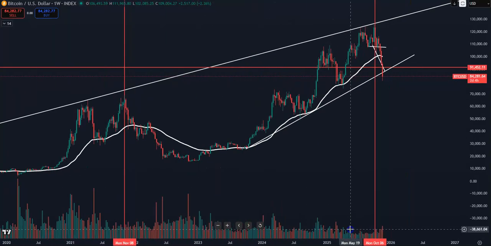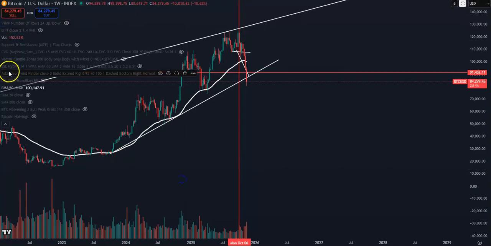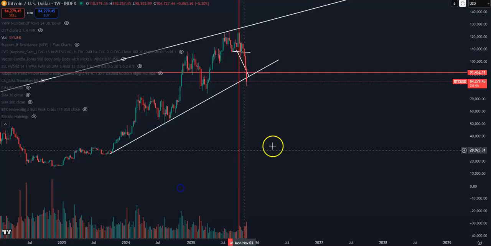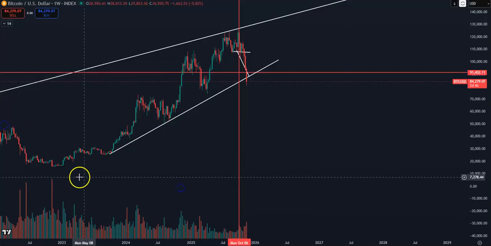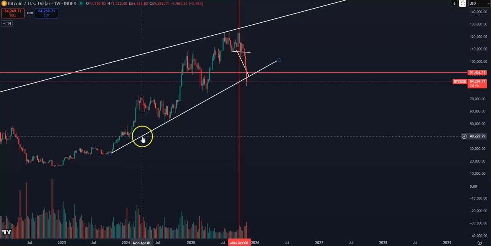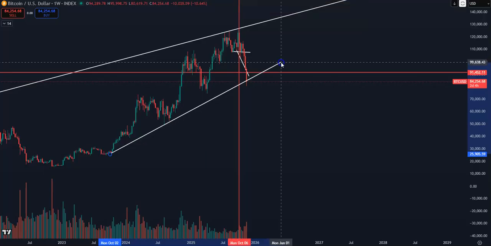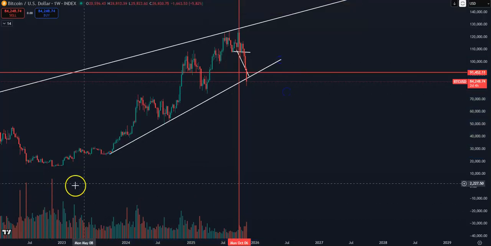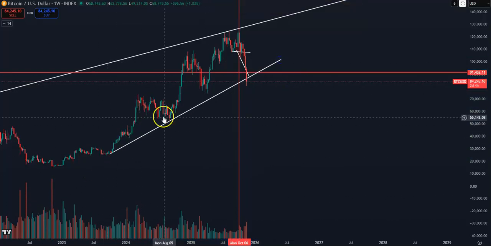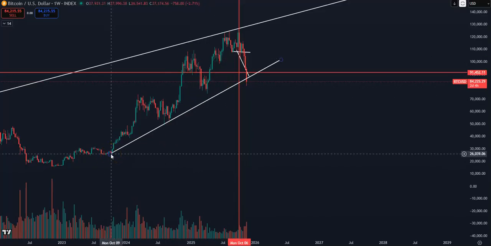And if you want to know what the trend is, now I can hide the 50. The trend line is what the price has been doing basically since the start of the bull market. So as long as it's above this line, this is pretty much a trend line, which has 2 touch points.